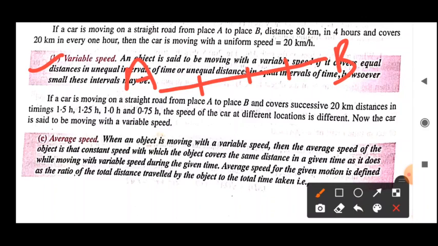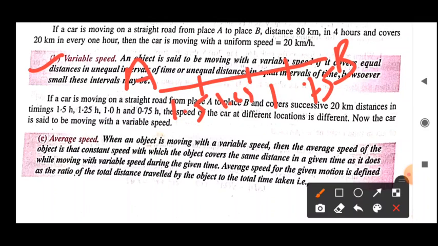Then this 20 kilometers it has traveled with different times. For this 20 kilometers it has taken 1.25 hours, for this one 1 hour, for this one 0.75 hours. So you can see that for all these 20 kilometers the car is taking different timings.